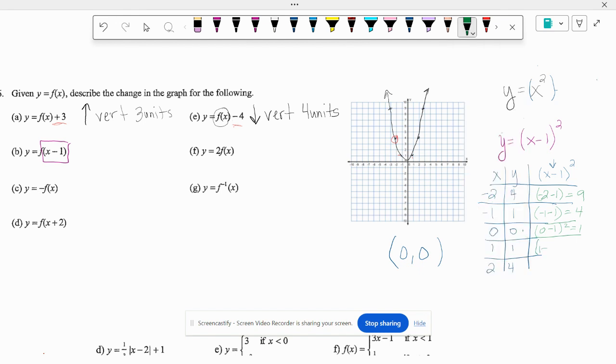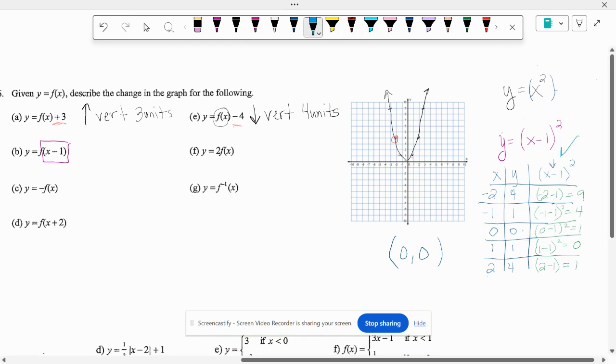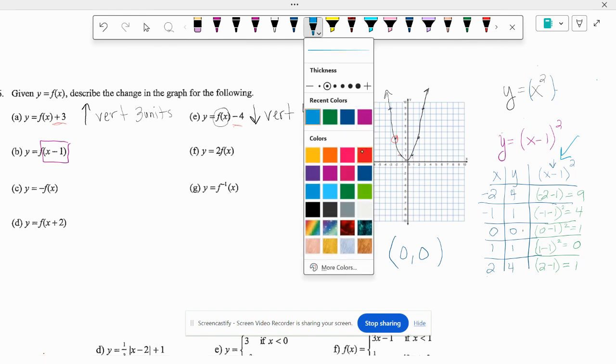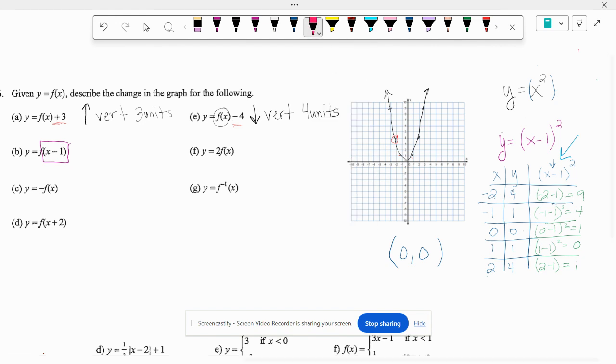When x is 1, 1 minus 1 is 0, and 0 squared is just 0. And when I let x equal 2, 2 minus 1 is 1, and 1 squared is 1. So when I graph this, x minus 1, the quantity squared, when x is negative 2, I'm at positive 9.